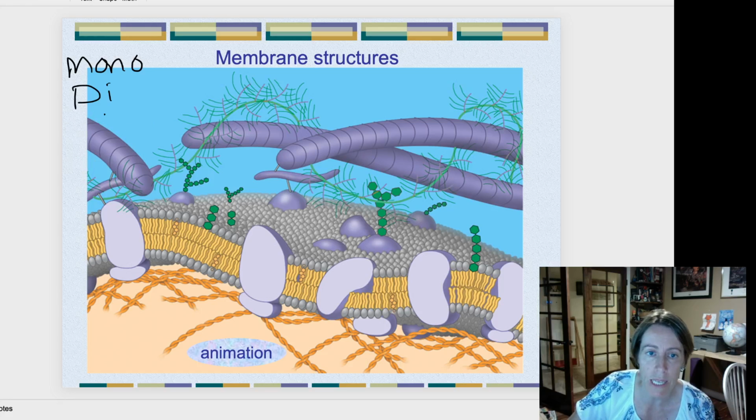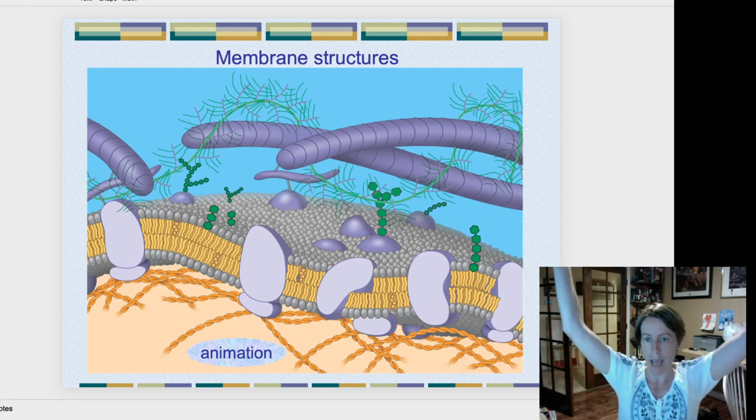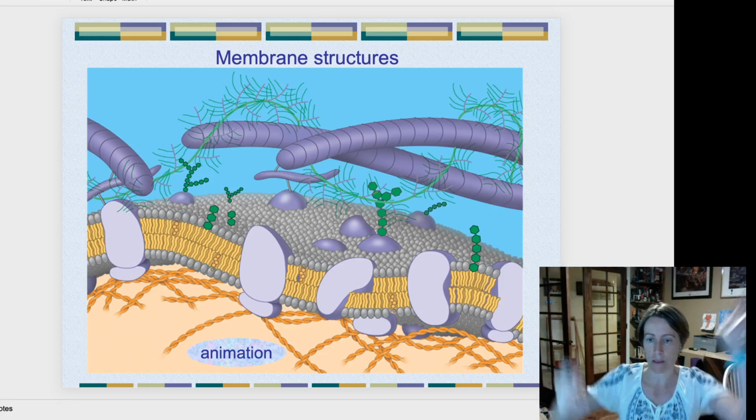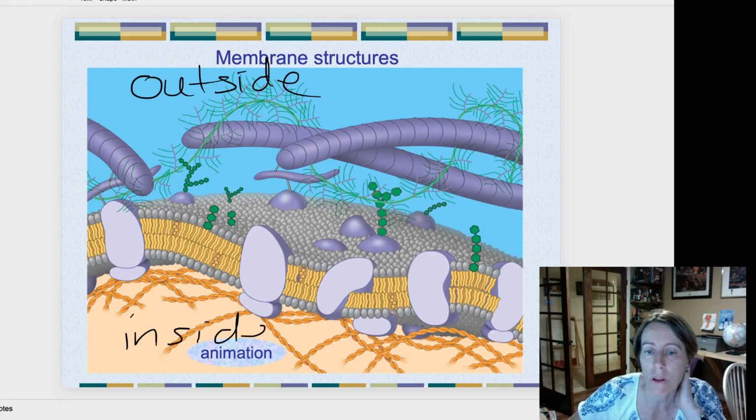The protein allows this whole molecule to get embedded in the phospholipid bilayer, and then the oligosaccharide part is protruding out into the outside part of the environment. So this is the outside of the cell, and this is inside the cell down here. Now these glycoprotein molecules, their form, their shape, is very descriptive of their function.